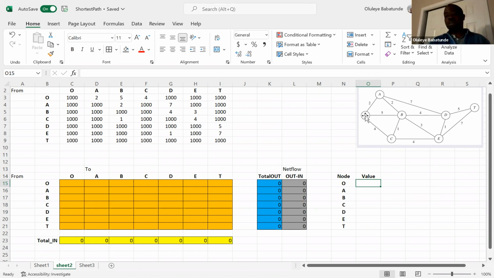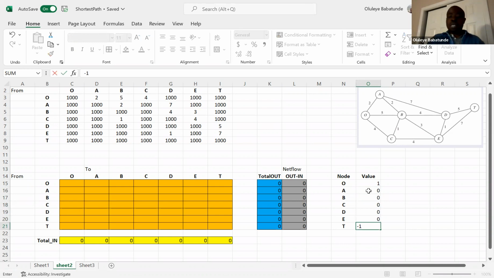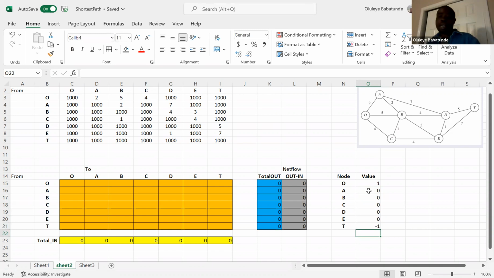Now the origin node, I'm going to give it a value 1. That is the requirement for Excel Solver. And all other nodes, apart from the last node, will be 0. So this will be 0, 0, 0, 0, 0. And the last node is going to be -1. That is source and sink.